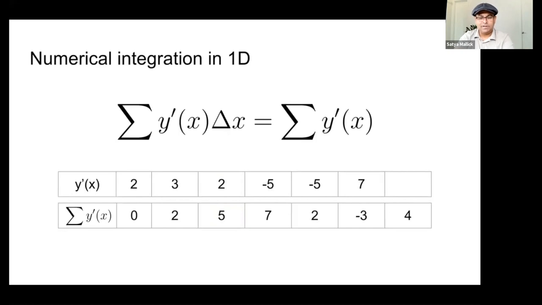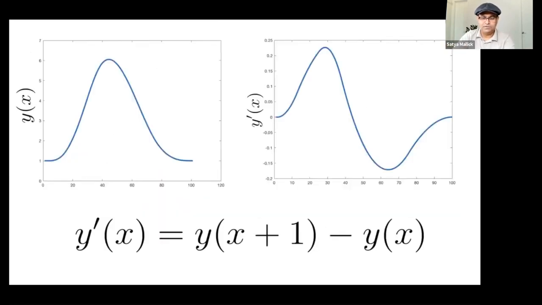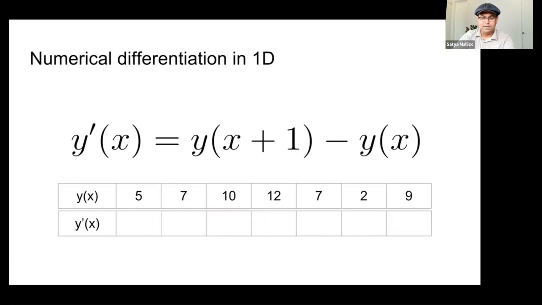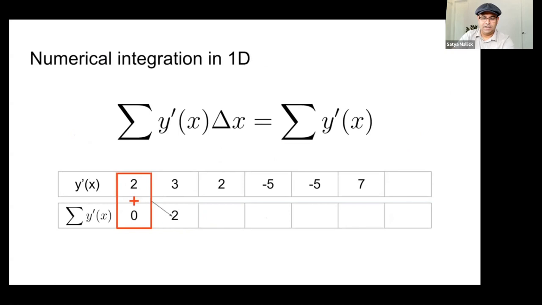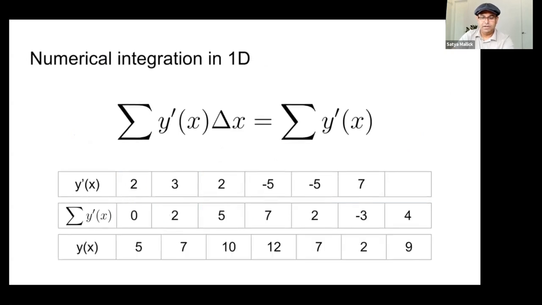Now, there's a problem. This is not the curve we got when we started. We had started with a different curve. Let me show you what the curve looked like. The curve started with 5, and after integration, we actually did not get 5. You can see that there's a difference. We got 0, and the original curve had 5 in that place.